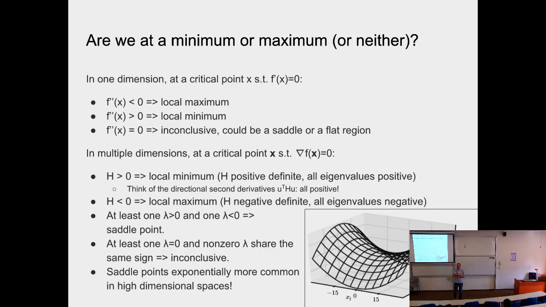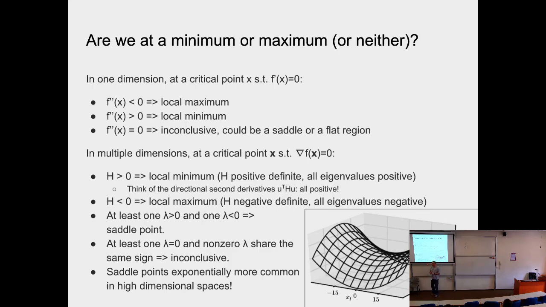Remember that every directional second derivative was a linear combination of eigenvalues of H. So if I have all positive eigenvalues, that means all second derivatives in any direction are going to be positive. And same for negative. The third case is a bit different from the scalar case.